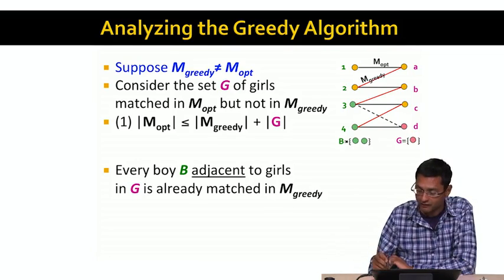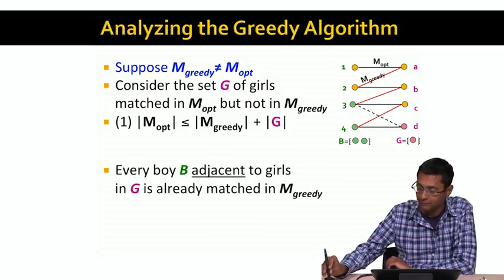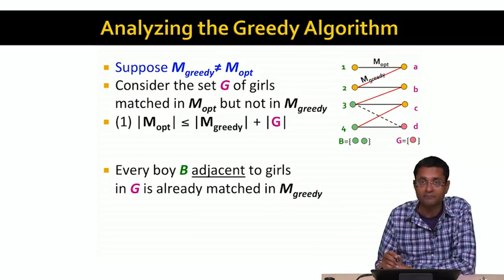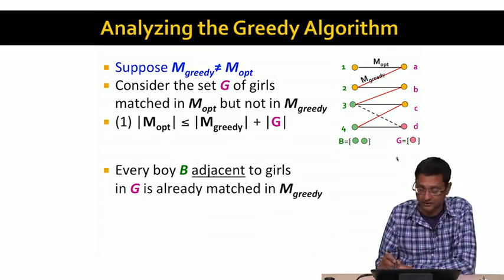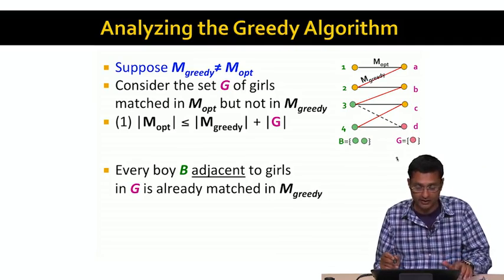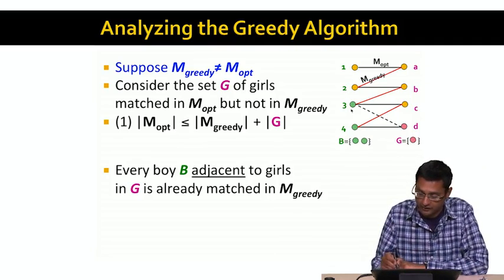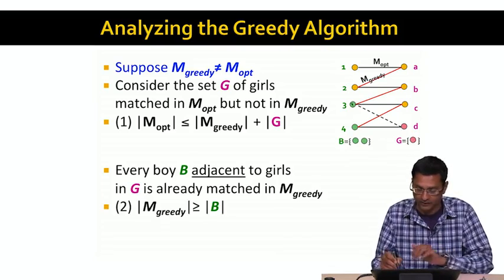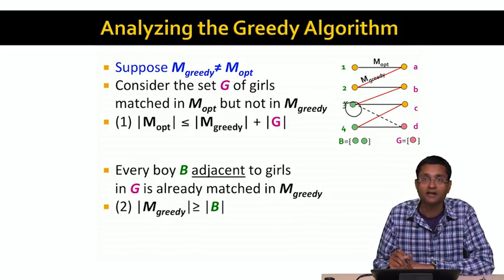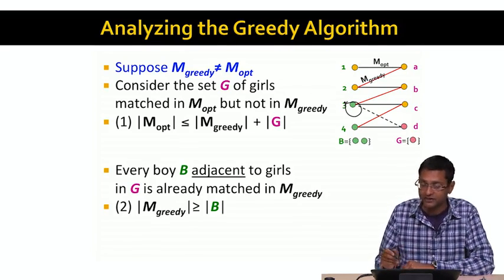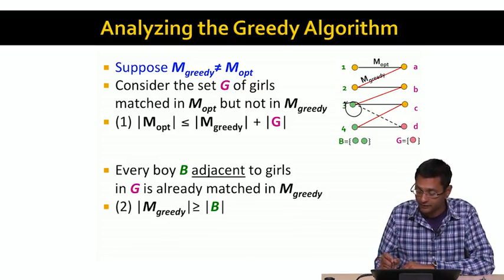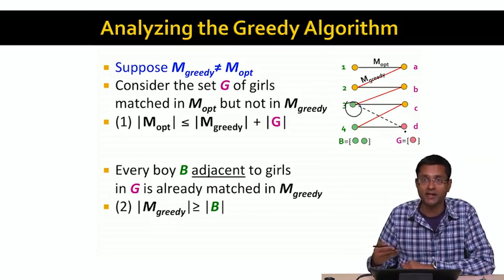For example, let's say boy 3 were not matched in the greedy algorithm. Then the greedy algorithm would have output the pair 3D in this case. We would have paired that boy with that girl in G, because the rule of the greedy algorithm is if it is possible to make a match, output it.